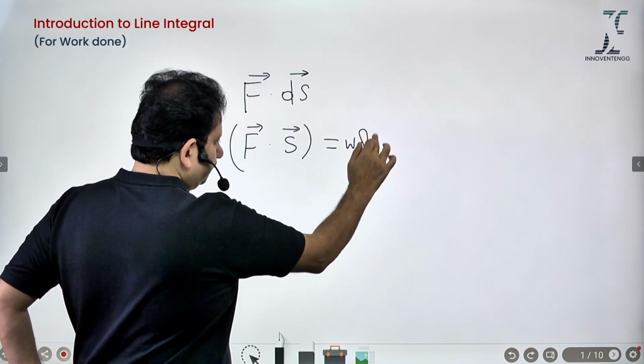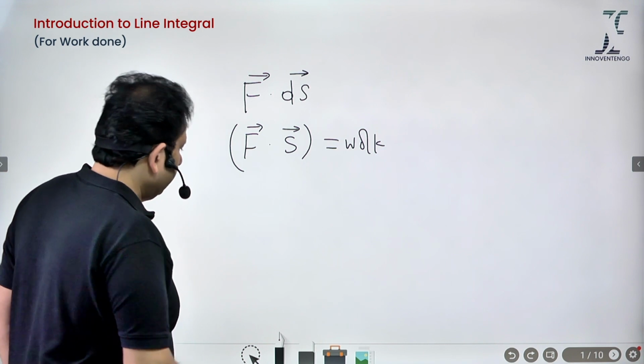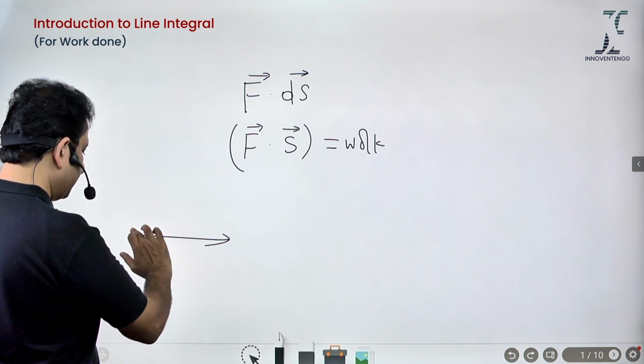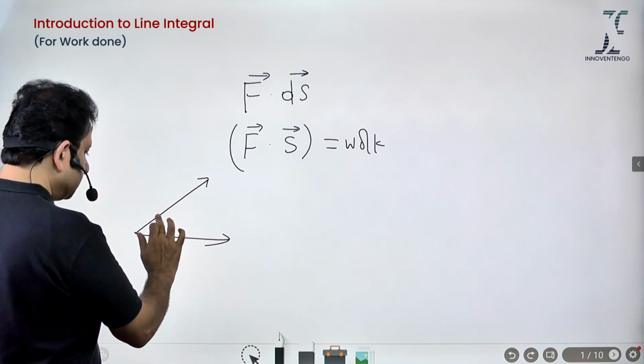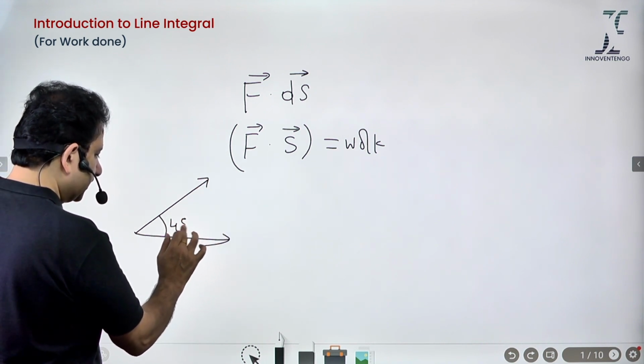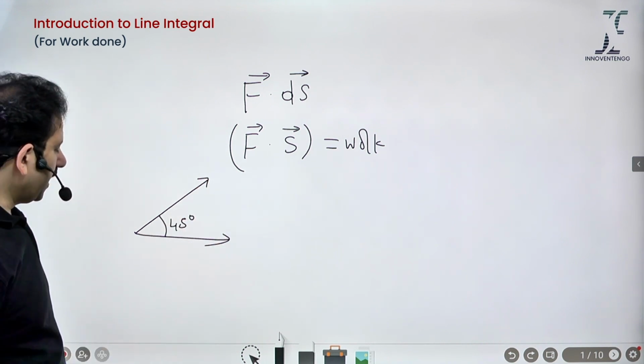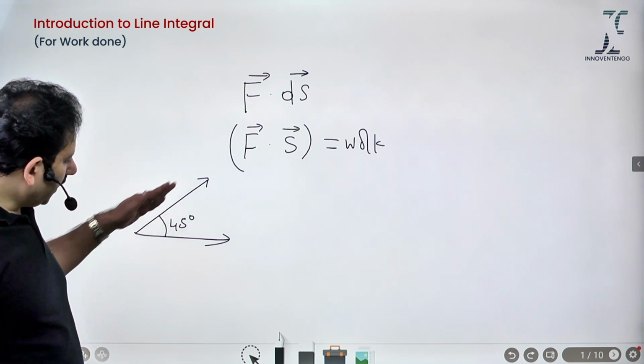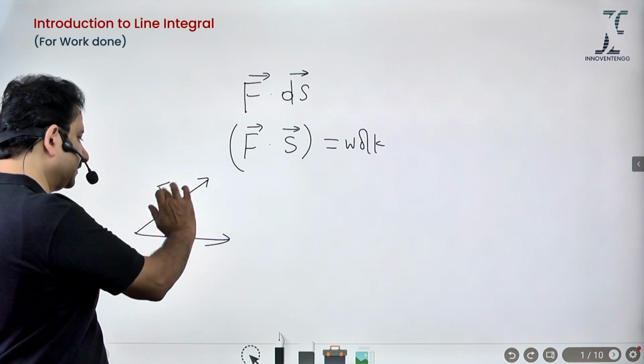For example, if I talk about the displacement along the x-axis by applying a force which makes an angle 45 degrees to the x-axis, it is as good as saying that you are trying to pull an object by applying a force at 45 degrees.